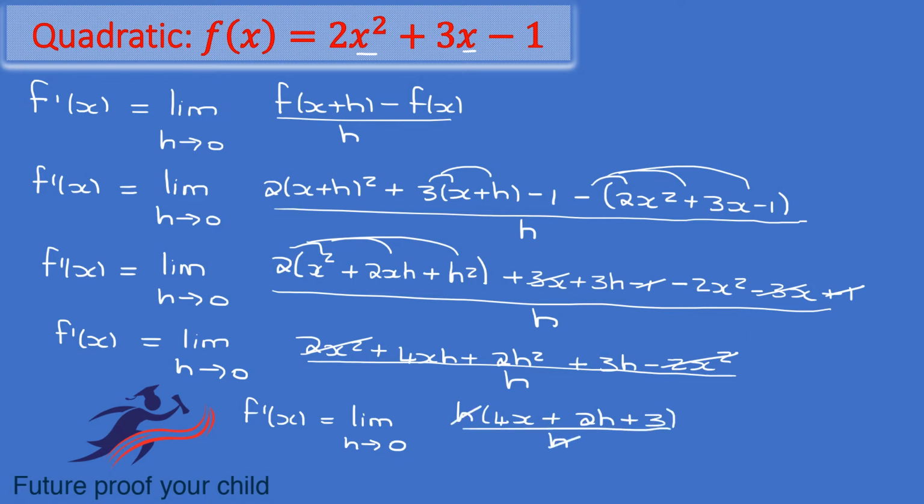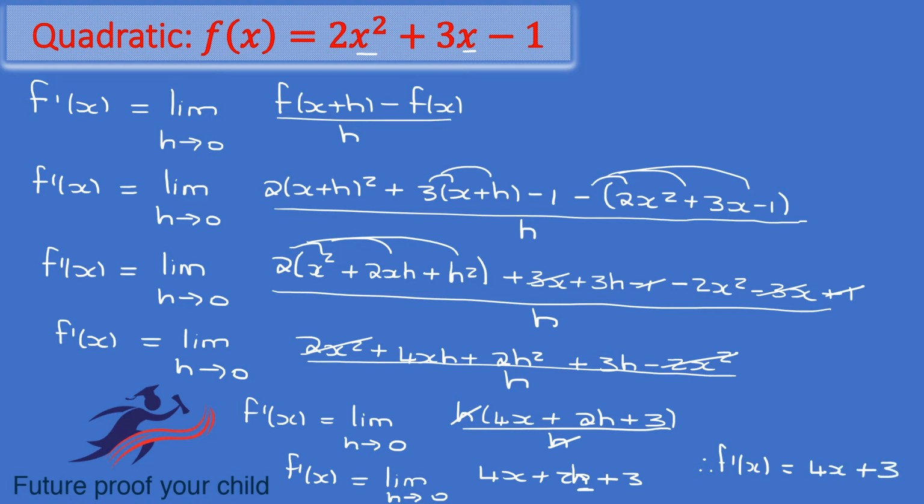Cancel the h's, so we have the derivative equals the limit as h approaches 0 of 4x plus 2h plus 3. And therefore the derivative, now you're ready to replace your h with a 0. So we have 4x, 2 times 0 is 0, plus 3.